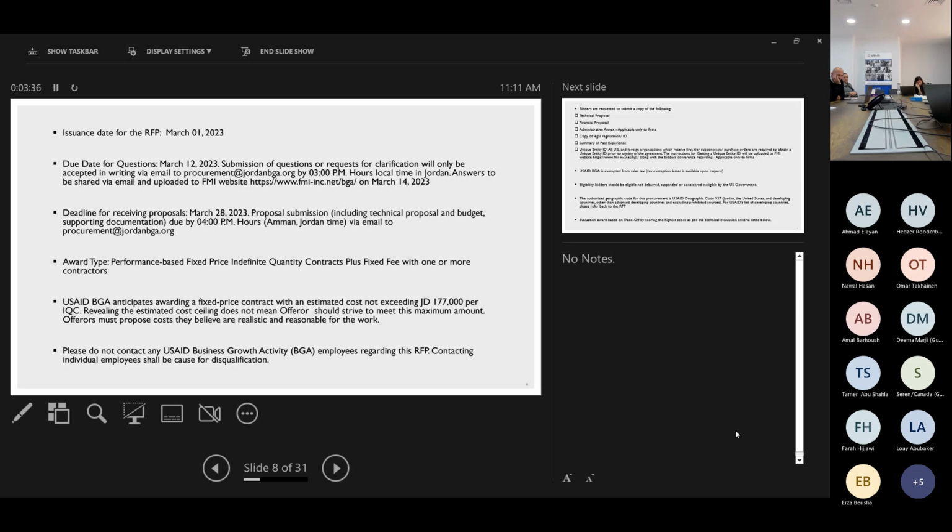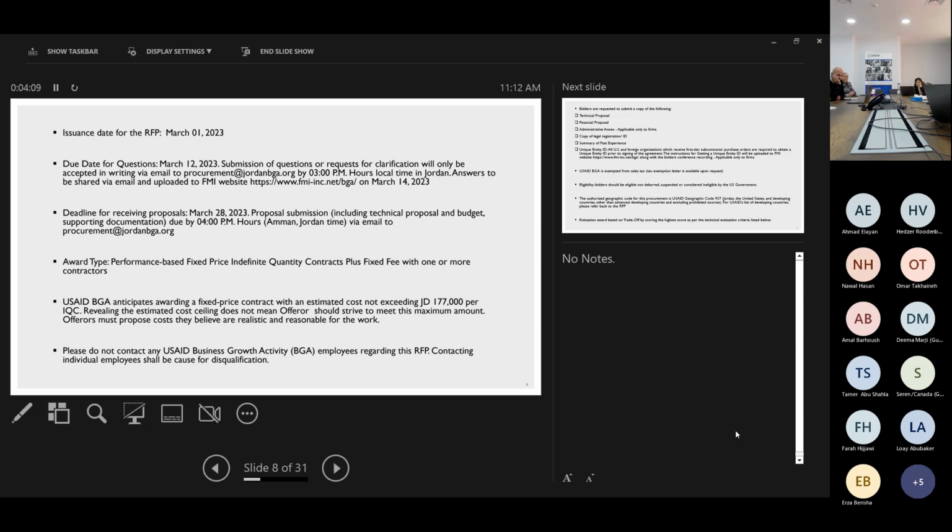The submission of the questions should be in writing and directed to the procurement email, procurement@jordanbga.org, by the deadline of 3 p.m. Amman time. The answers will be shared directly via email, and the questions and answers sheet will be uploaded to the same website where we shared the RFP, on March 14th. The deadline for receiving your proposals will be March 28th.